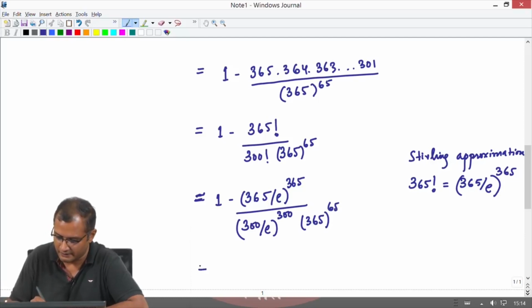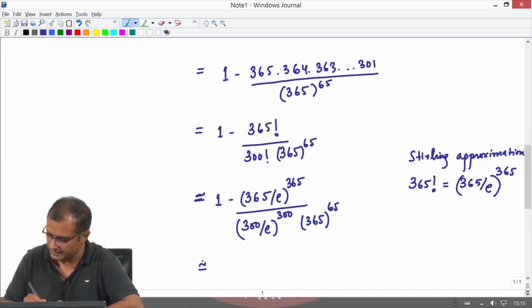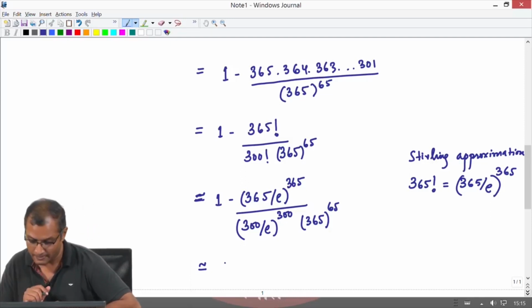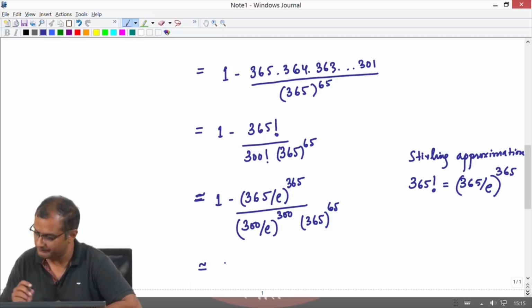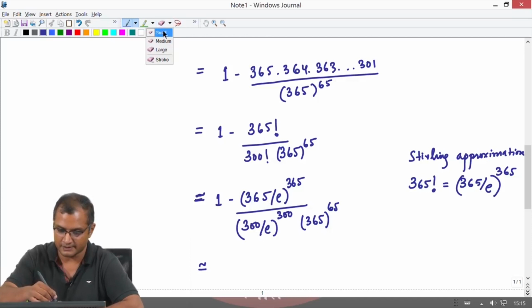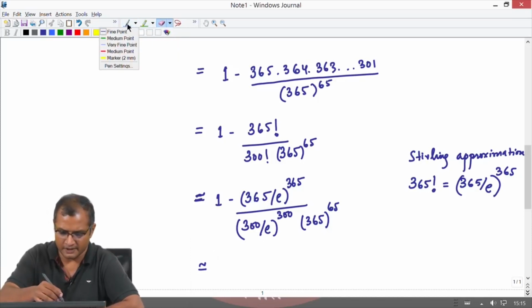Now, if you solve this, I have not calculated this, but you can use a calculator to proceed from here. Okay. So, I leave that as an exercise. This answer should be greater than 70%.